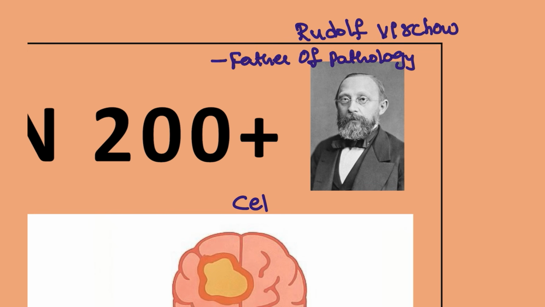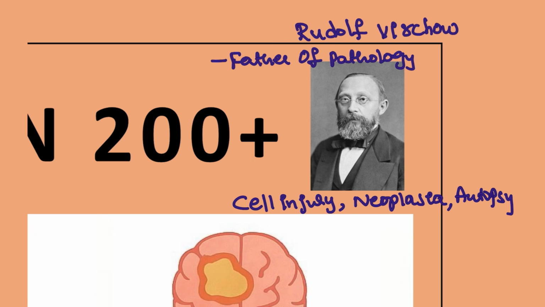He discovered how cell injury occurs, and also neoplasia, especially leukemia, chordoma, lung cancers, and many other cancers. Not just that, he also did the first autopsy, done system-wise after the patient's death.